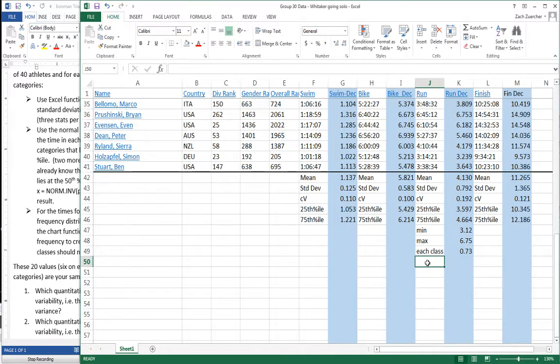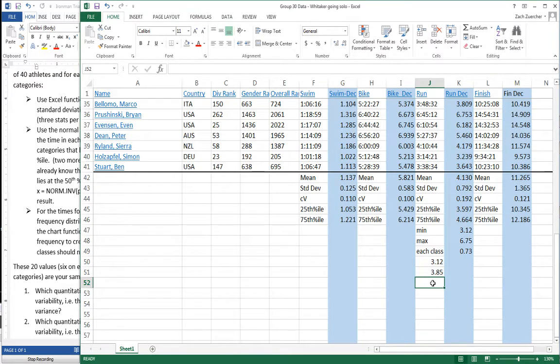So here, let's do this. The first one starts at 3.12. Then the next one would be at 3.12 plus 0.73. So we're going to add 0.73, and that's going to tell us where the second class starts.